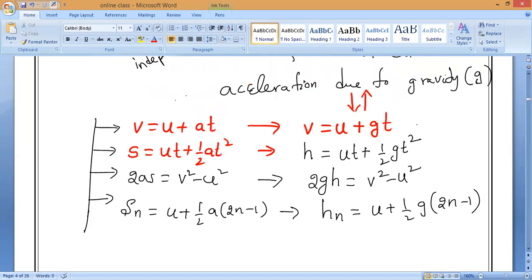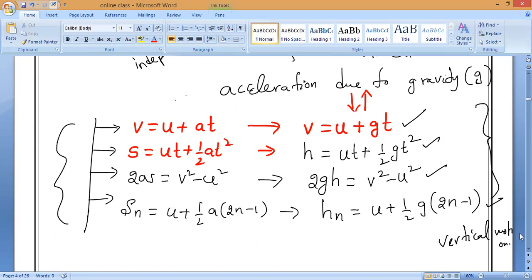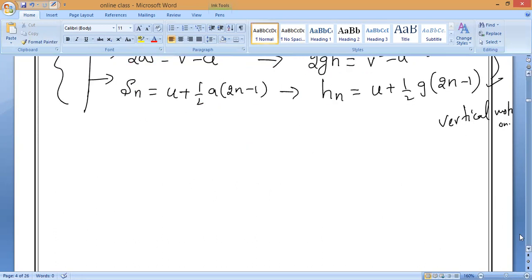So these are the equations we use when a body is thrown upwards or falls downwards towards the earth. The earlier ones are for horizontal motion and these are for vertical motion. In vertical motion, mass is independent of acceleration.